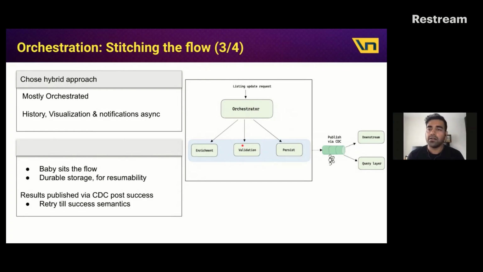And for that, we had to make sure that the inputs and outputs of these processes are actually stored in a durable manner and can be resumed. Retry handling, failure handling gets easier because you can control what to do at each stage and you can express that in a consistent manner.